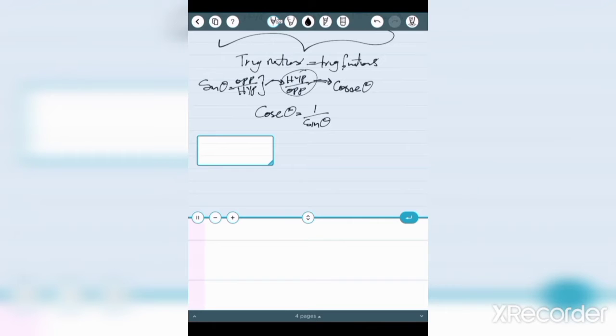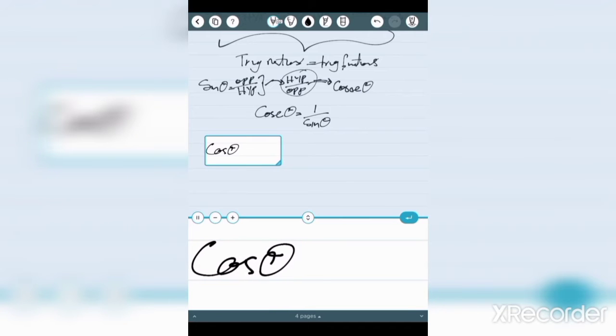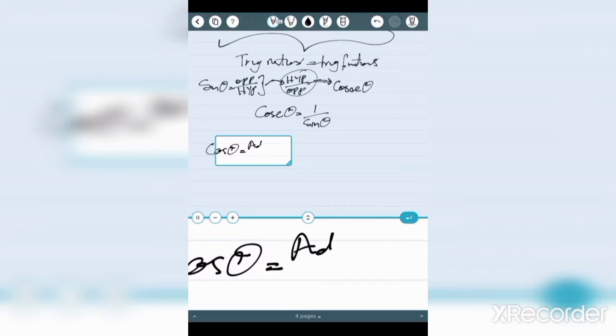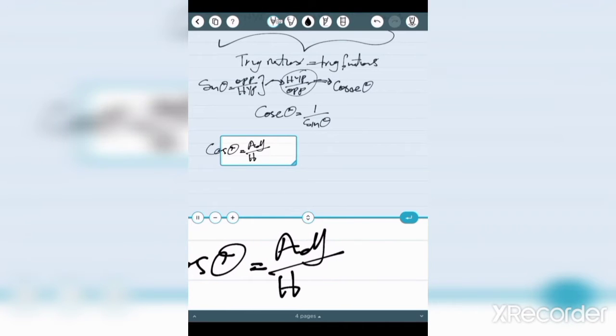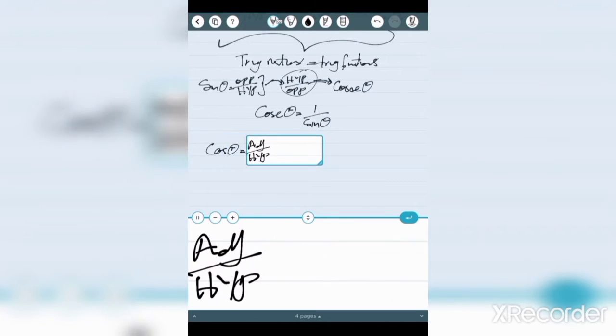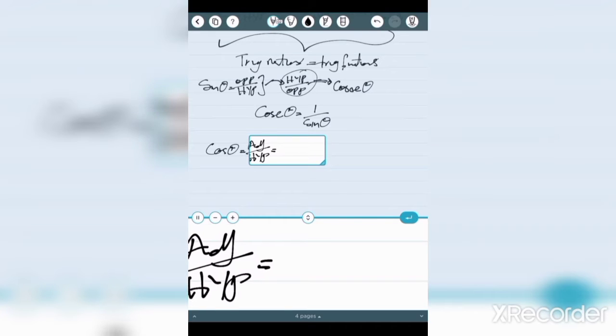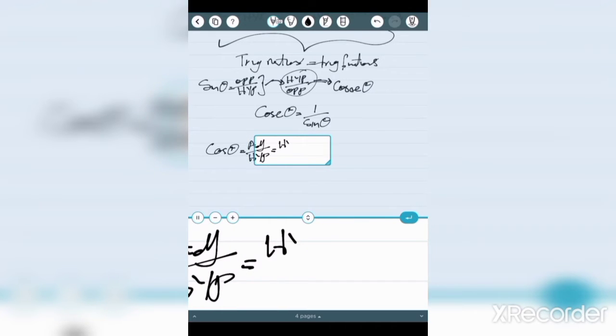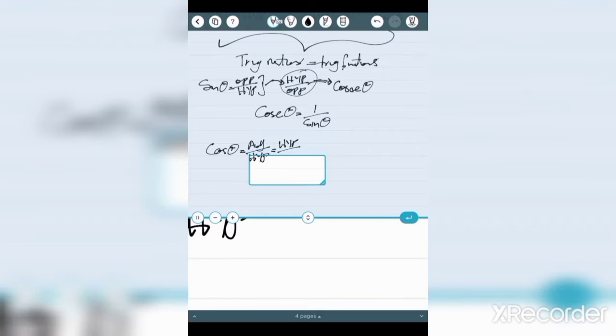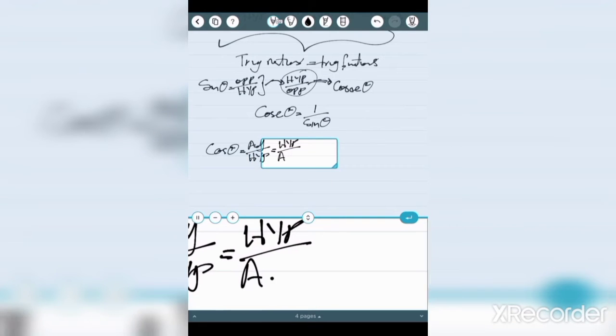Now let's look at the other one, which is cos theta. So cos theta is adjacent over hypotenuse, and its reciprocal will now become hypotenuse over adjacent.